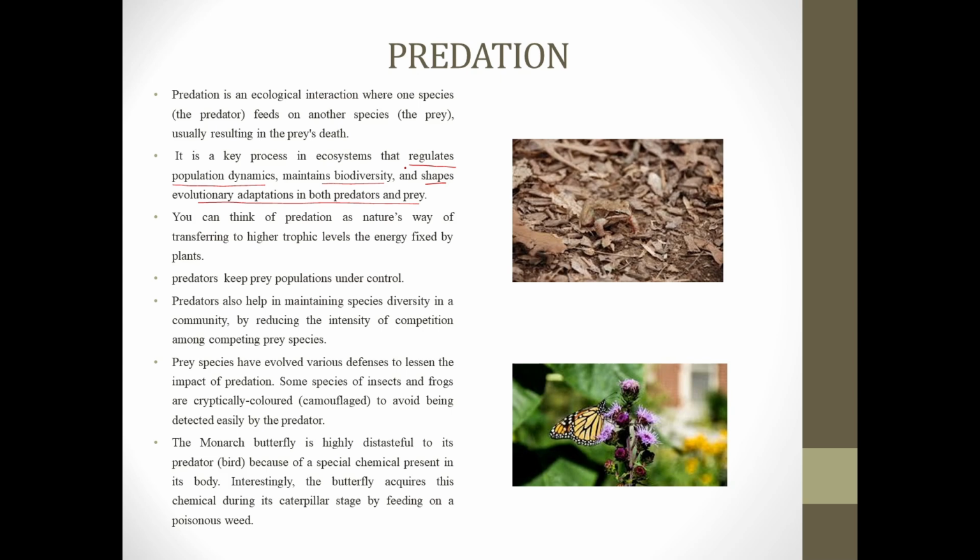Now the predation also helps in maintaining species diversity. Prey species have evolved various defenses to lessen the impact of predation. Now we already know that the predator feeds on prey.